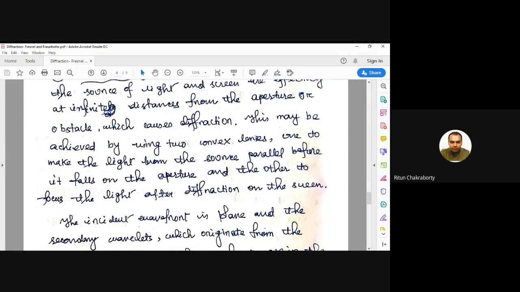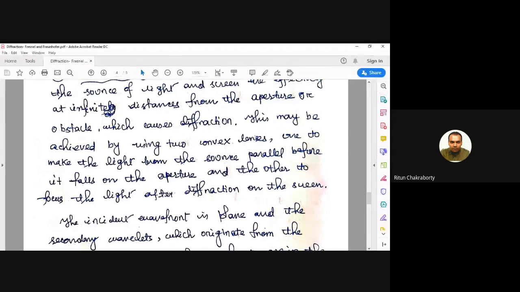So we have to use convex lenses because the source of light is at infinite distance, and the screen is at infinite distance. Therefore, the first convex lens makes the rays of light parallel, the rays which are coming from a very far away source.